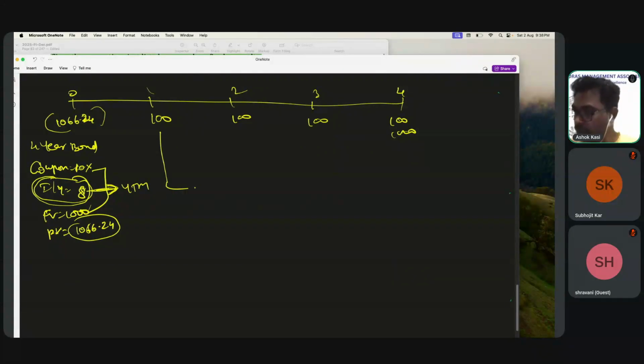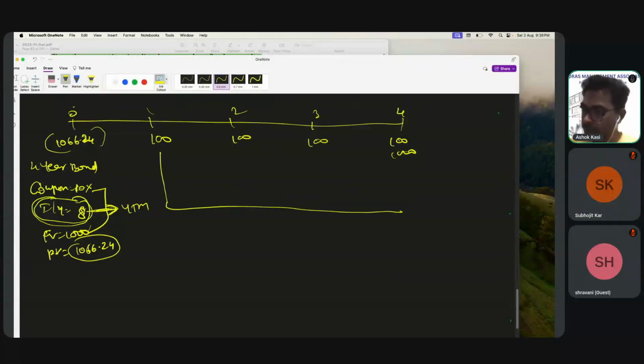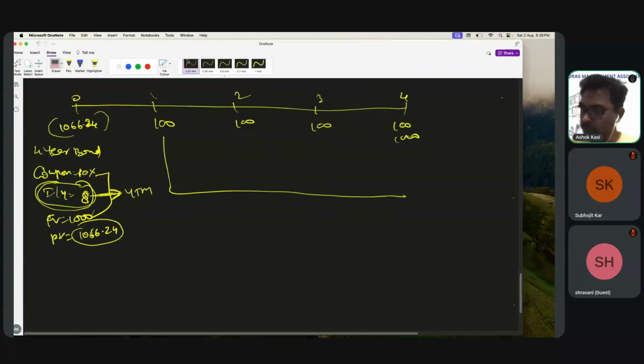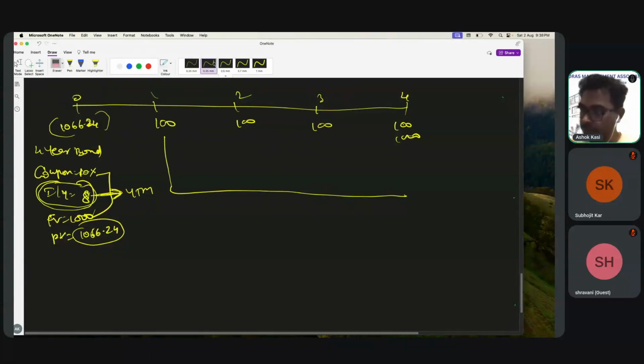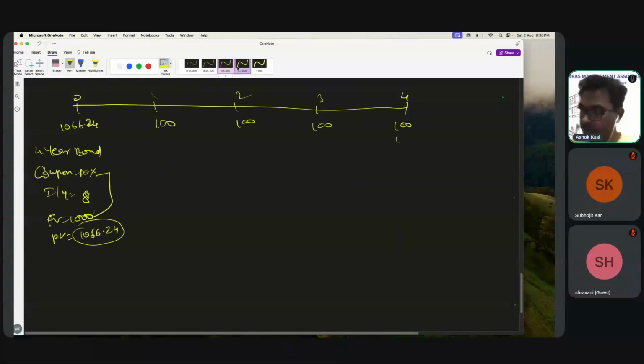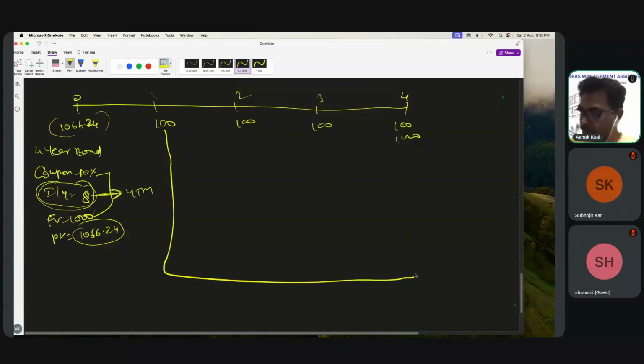Assuming you are reinvesting, when you reinvest, it will be 100 into 1 plus 8%, reinvested for 4 years. Calculate it.